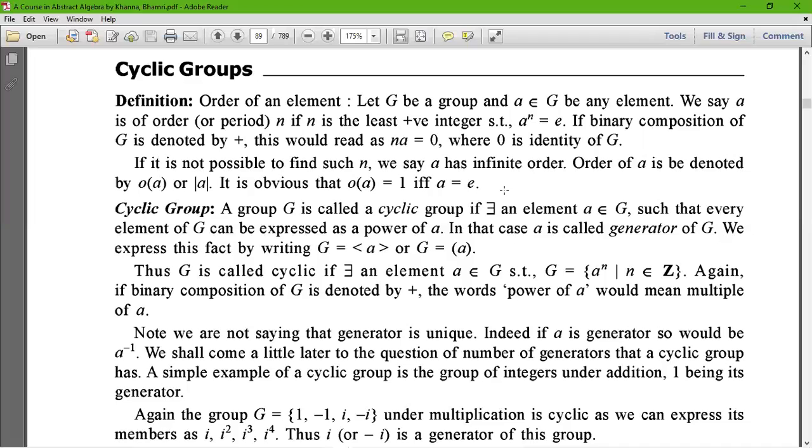such that every element of G can be expressed as a power of a.